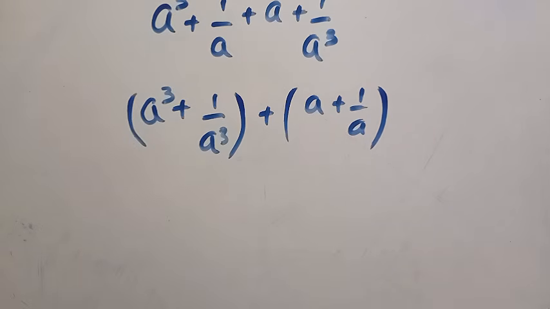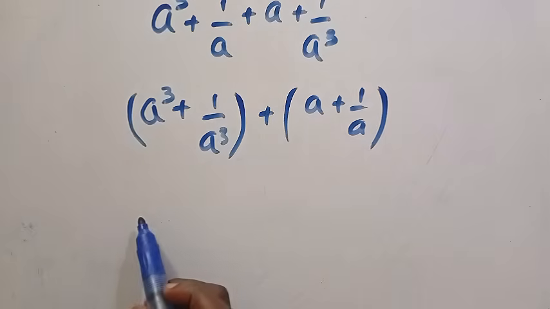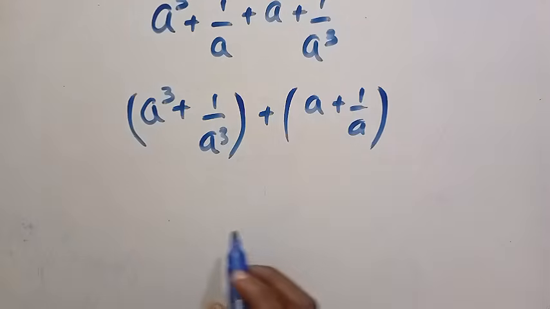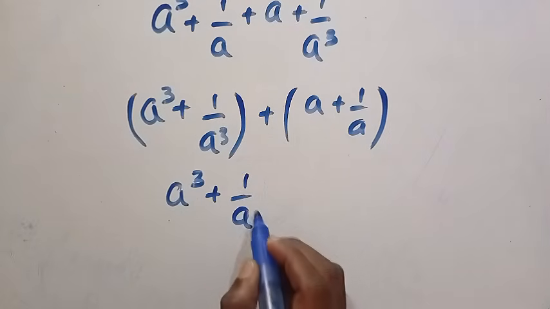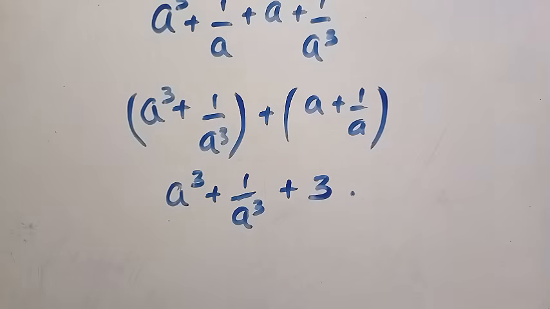Since we have gotten what we need, which is a cubed plus 1 over a cubed, but this other part has a value. The value of it is 3. Therefore, we have a cubed plus 1 over a cubed, then plus 3. This is what we have.